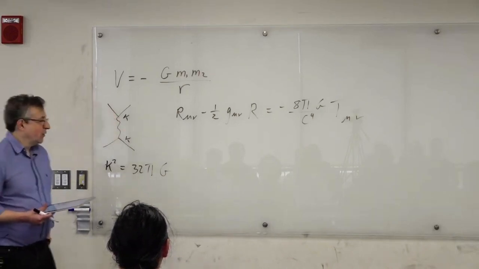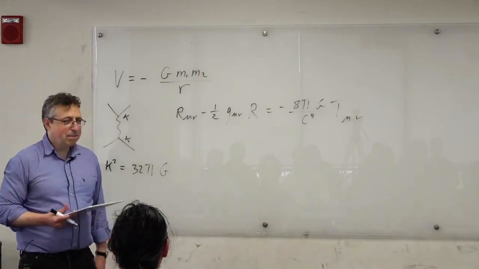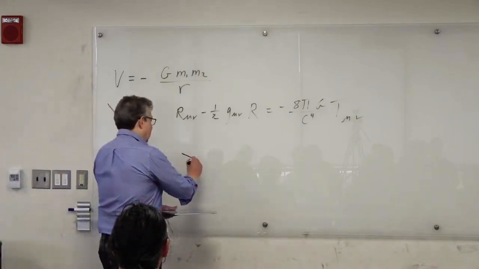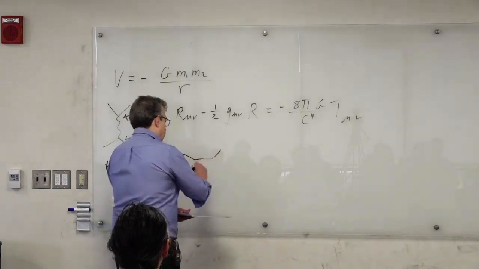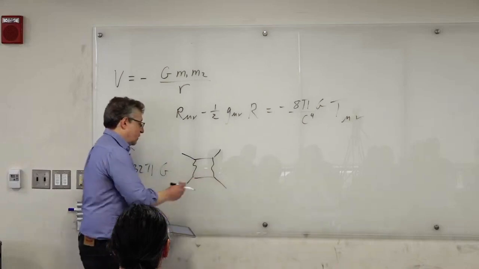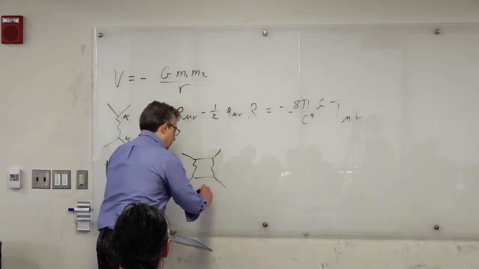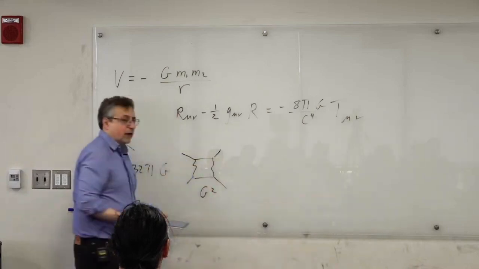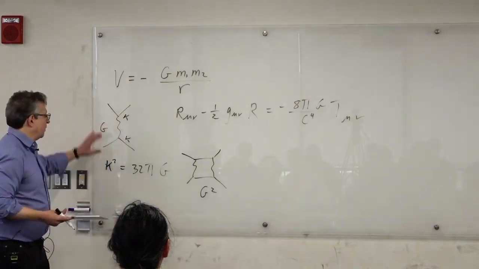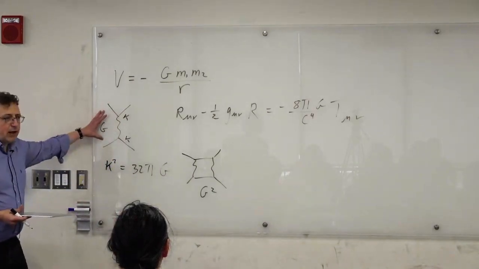And if you want to continue the perturbation theory, classical perturbation theory, and you want the next corrections, what you do is you have to go to higher orders. If you count your kappas, you'll see this is order G squared. This is order G. This would be called first post-Minkowskian.